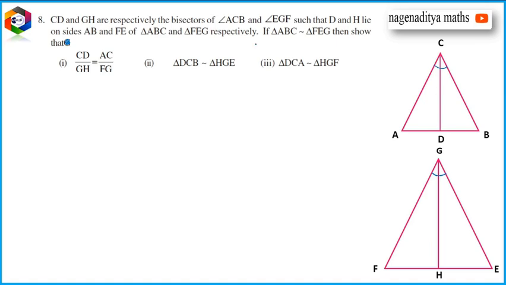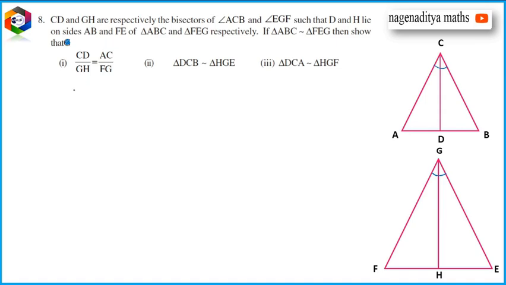Also we know that the given triangle ABC is similar to triangle FEG. This is given in the problem. Now I am going to prove triangle ACD is similar to triangle FGH. So automatically we will get the required answer.